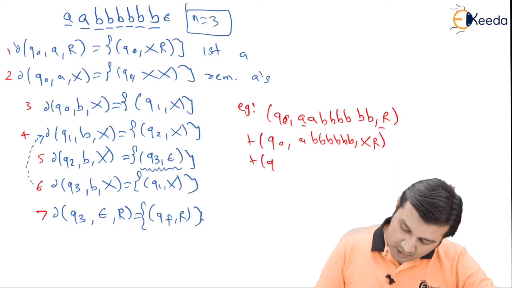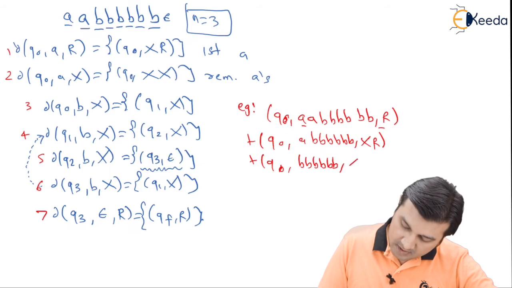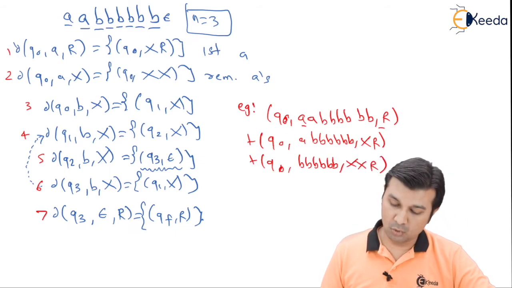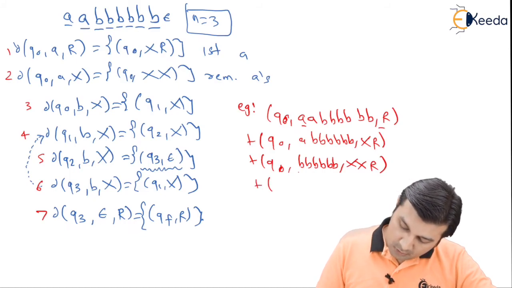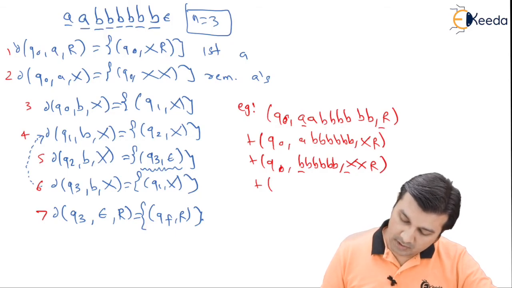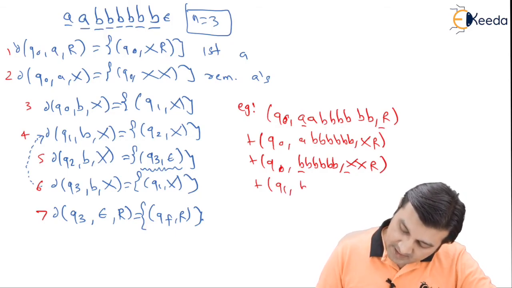Then I'm in state Q0. Once I receive A again, I remain in Q0. I have 6 B's and I push 1 more X on the stack using rule 2. Now Q0 on receiving B when the stack top is X, using rule 3, I simply change the state.